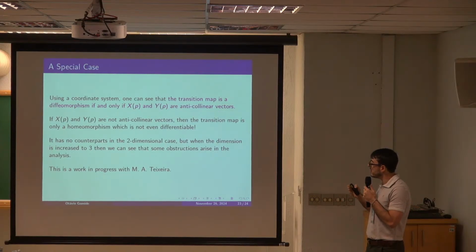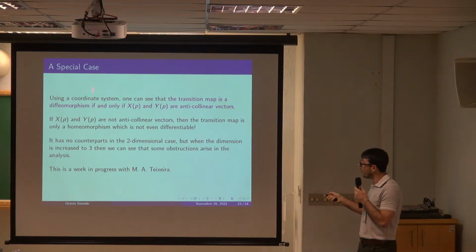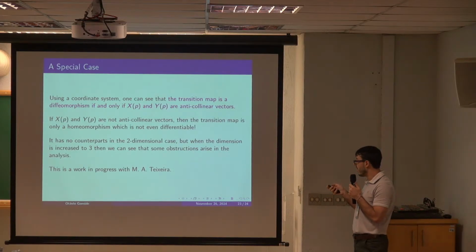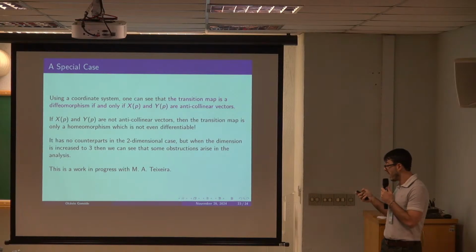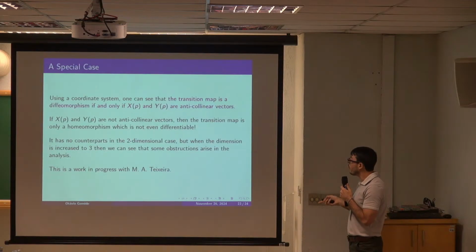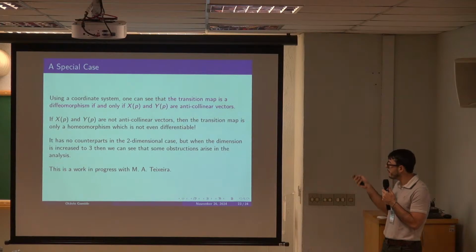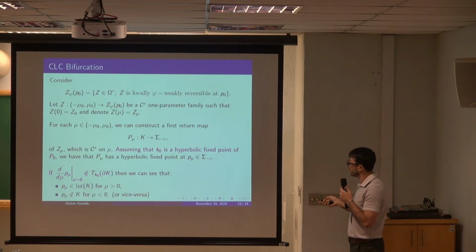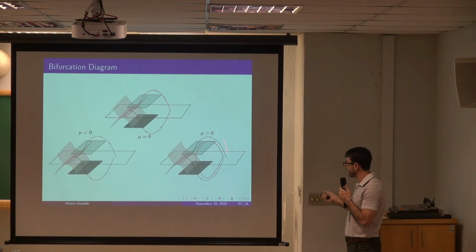So the line where the fold points, the direction of the folds, is imperative in this case to determine the regularity of this transition map. In this context, we can apply the same ideas that we applied here to construct a bifurcation and to have the same behavior.